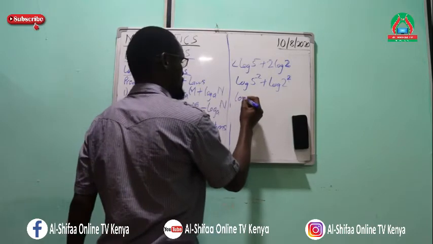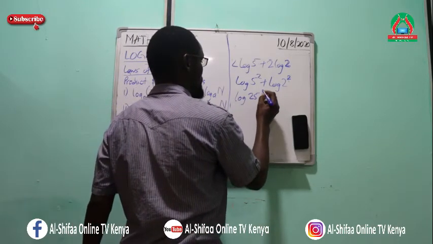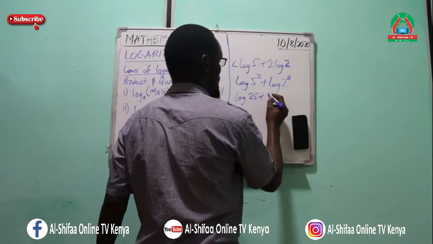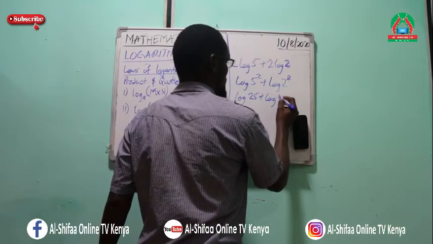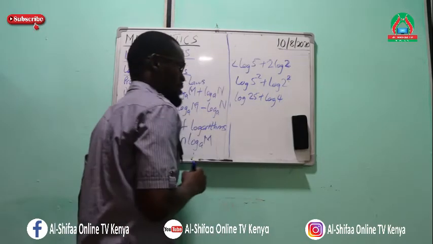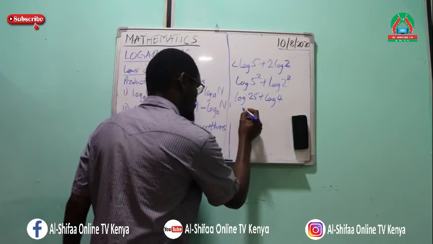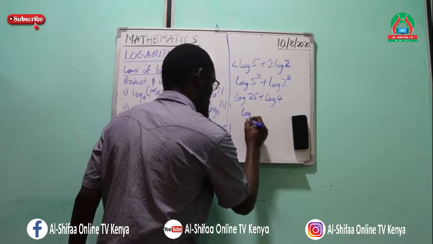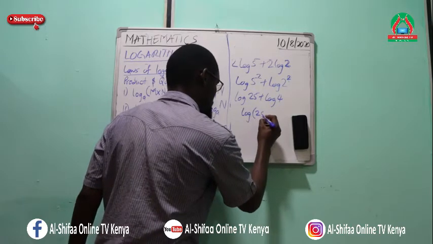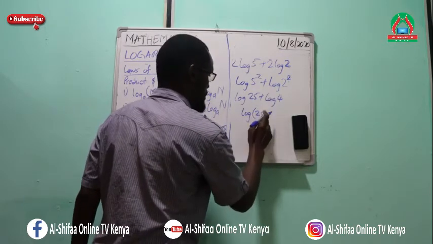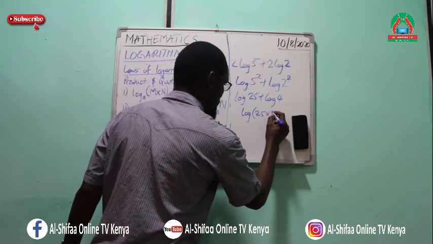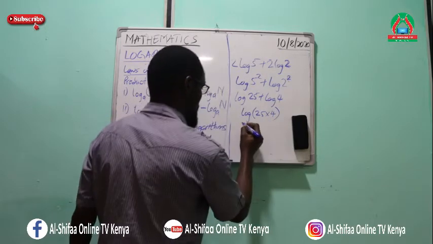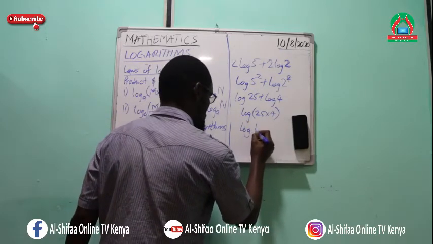So this will be log 25 plus log 4. So it is equal to log. Since the logs add, the values will be multiplying. And here we'll get log 100.